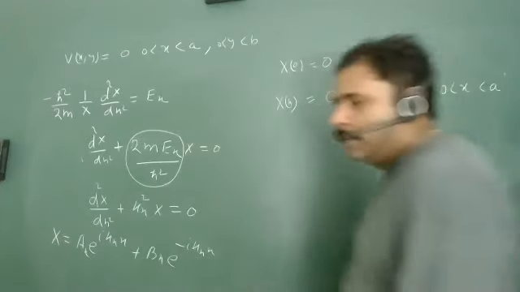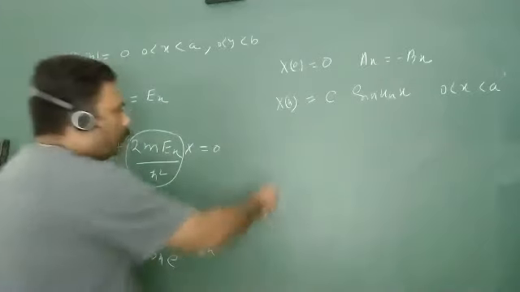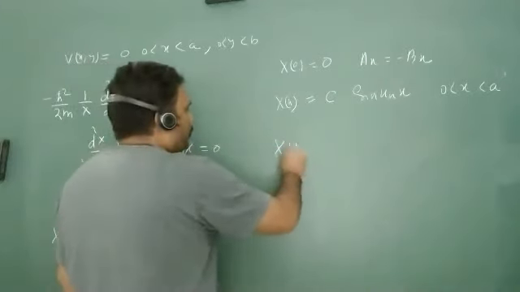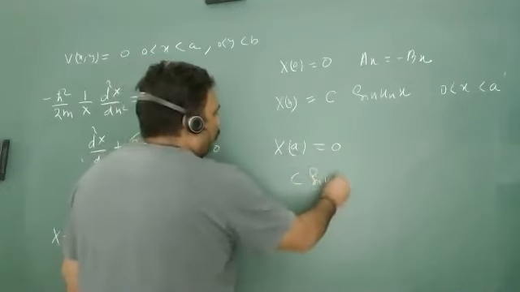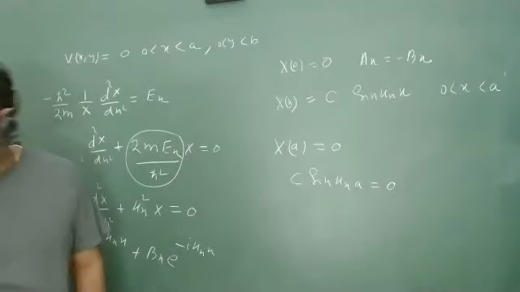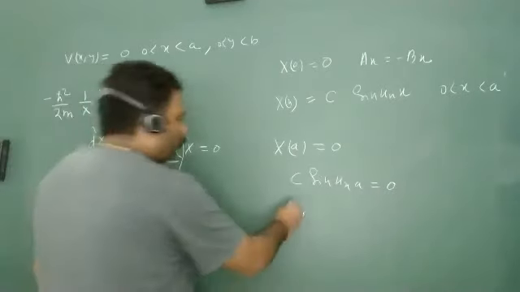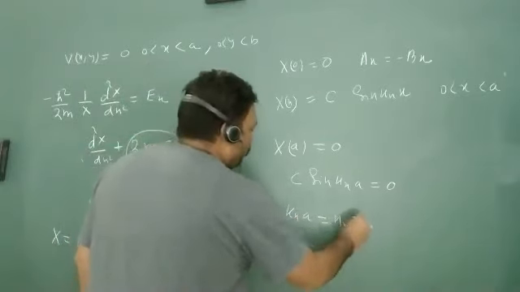And what will be the next boundary condition? The next boundary condition is ψx at a is equal to 0. That will be c sine kx a is equal to 0. And now again you will get exactly the same value, that is kx a is equal to nx pi.